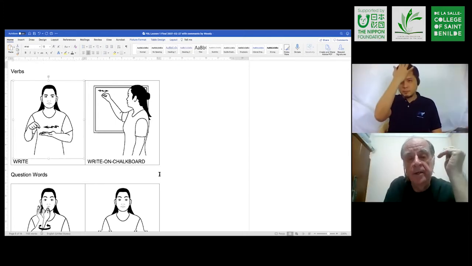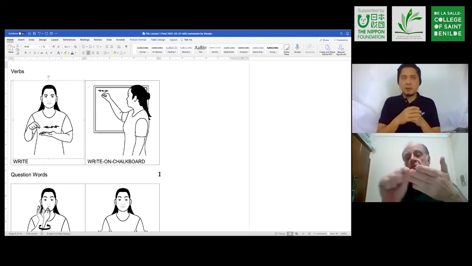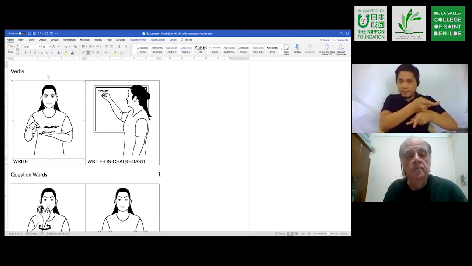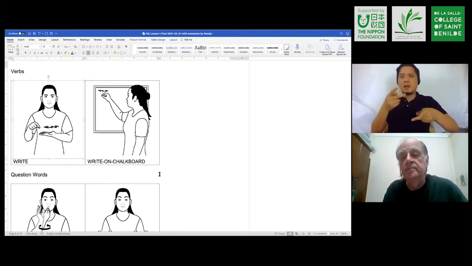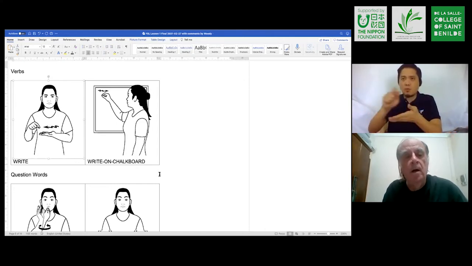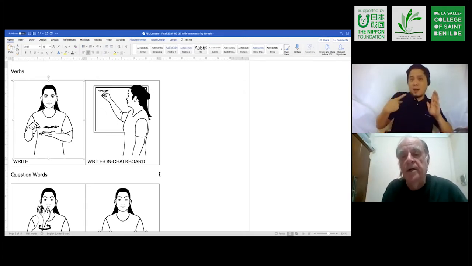Now, one thing you can consider doing is keeping the sign for write with the palm, and say something like write on paper. And then at the beginning, just put the sign for write without a location.